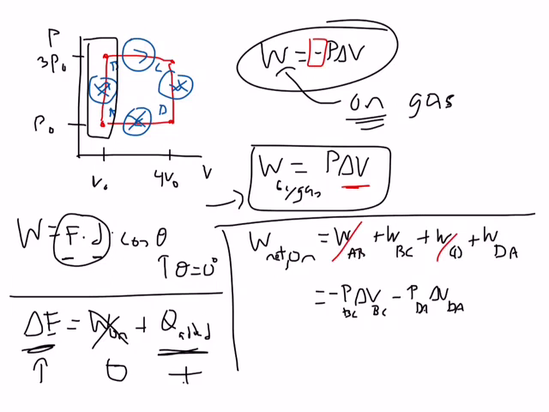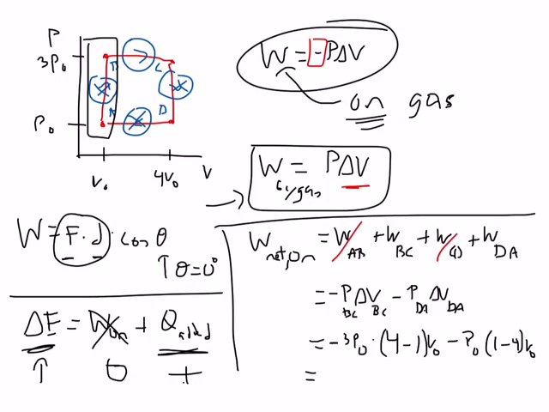And now we just need to look at the graph to get these numbers. So the pressure at BC times delta V, that is 4 minus 1 V naught, right? That's that first term. Then we have a minus, the pressure DA is P naught, and we go from 1 to 4 V naught, right?